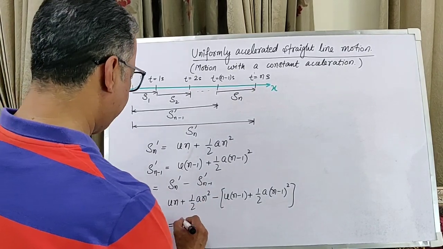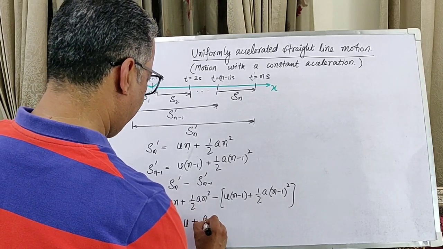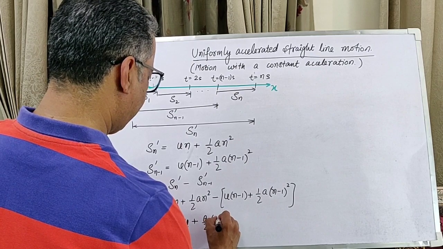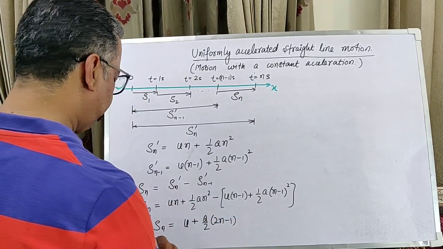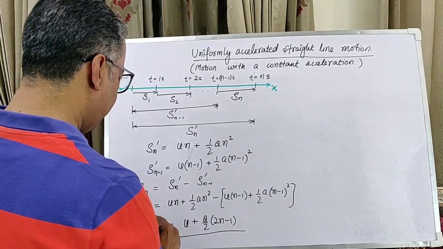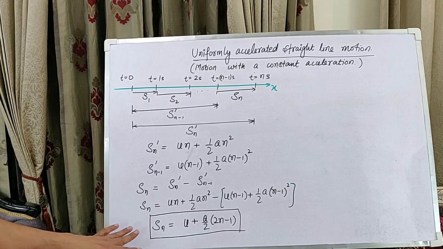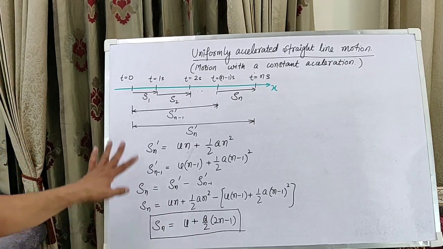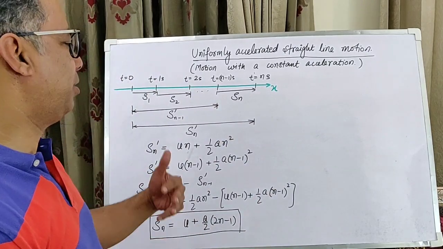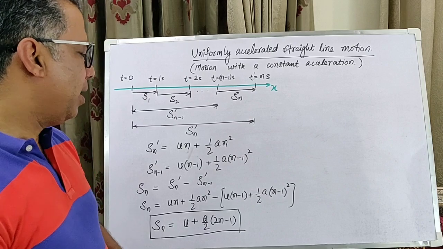Sn now comes out to be u plus a by 2 times 2n minus 1. So this gives me the displacement during the nth 1 second interval.